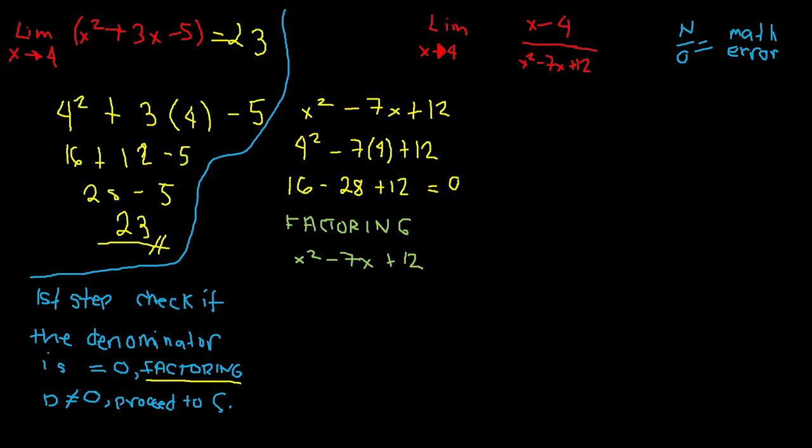I think grade 9 tinuturo yung factoring. Naalala niyo pa yung mga shortcut when it comes to factoring? Naalala niyo pa guys? Or nalimutan niyo na? Nalimutan na, ma'am. Nalimutan na.